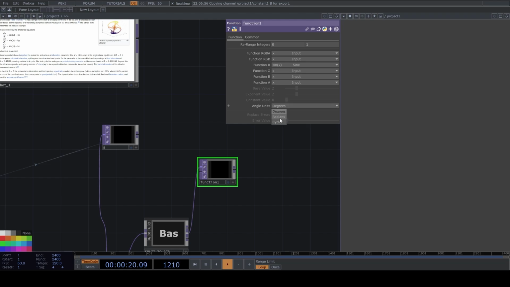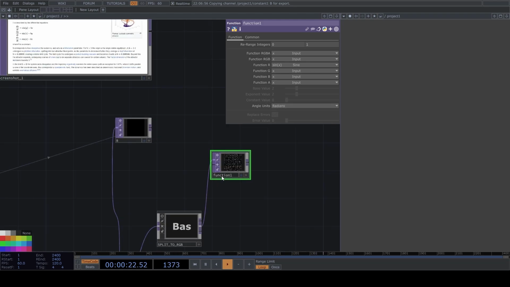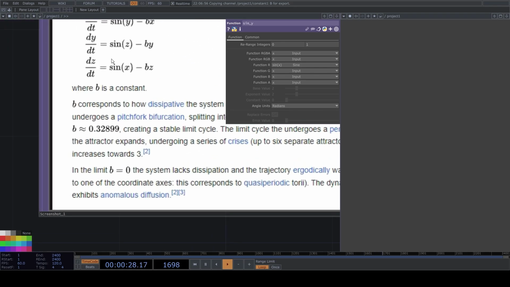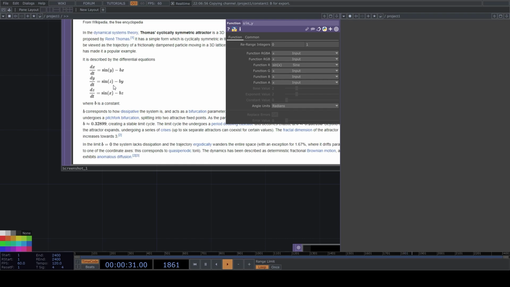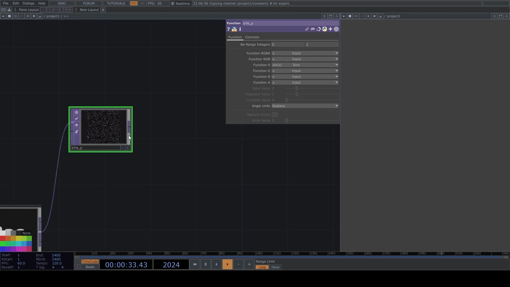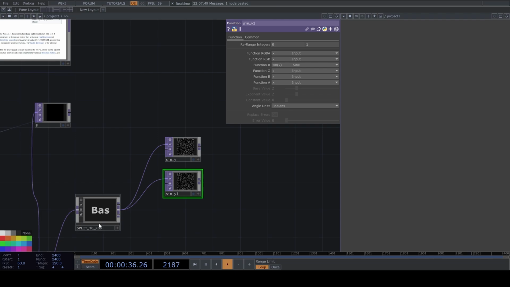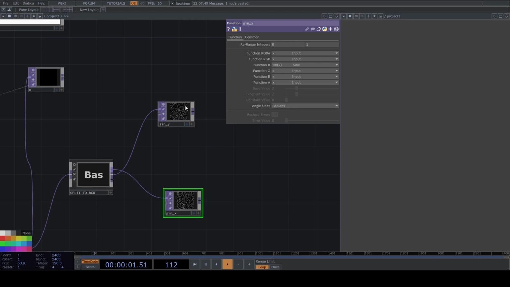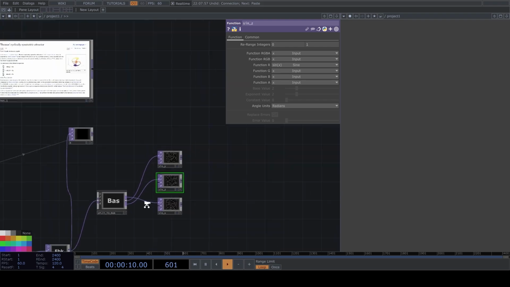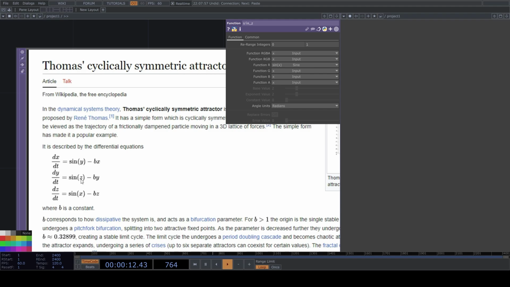Here we need sine and angle units radians. And we need also sine of z-axis and x-axis. What we need to do next is multiply our constant by x, y, and z.